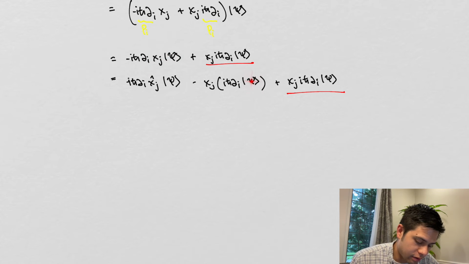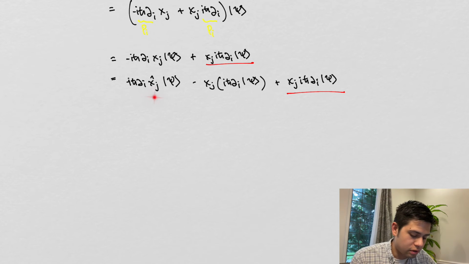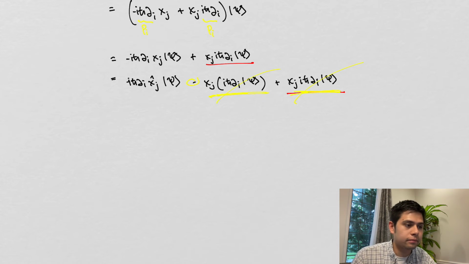On the state right here. This is really just a product rule. What we're seeing now is that this and this are the same, but we have a minus sign right here, so they cancel.